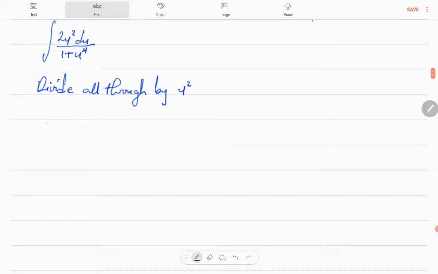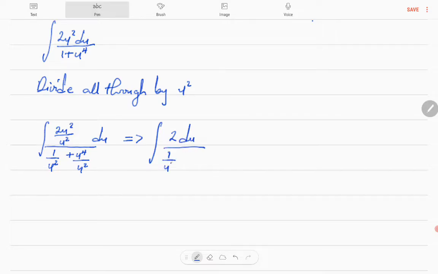I'm going to have the integral of 2u squared divided by u squared, divided by 1 divided by u squared plus u to the power of 4 divided by u squared, du, which will result to 2 du divided by 1 divided by u squared plus u squared.